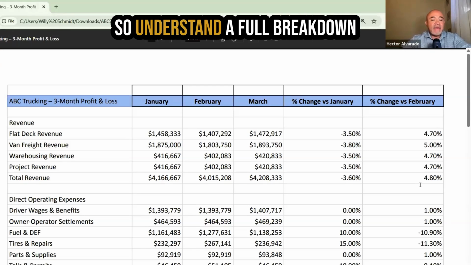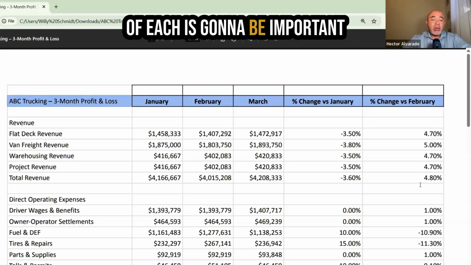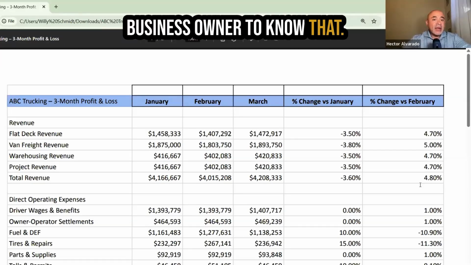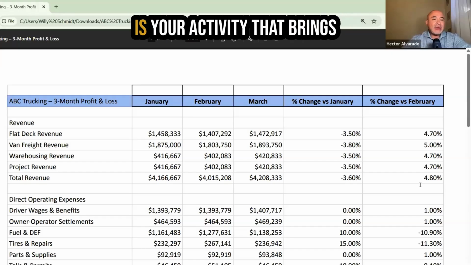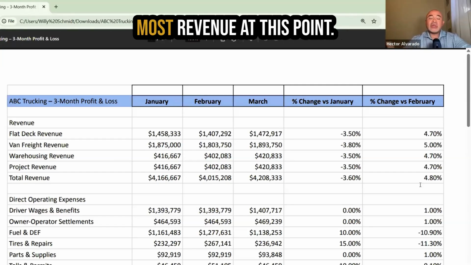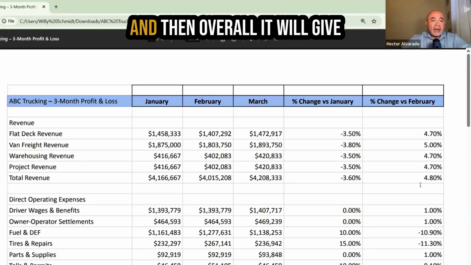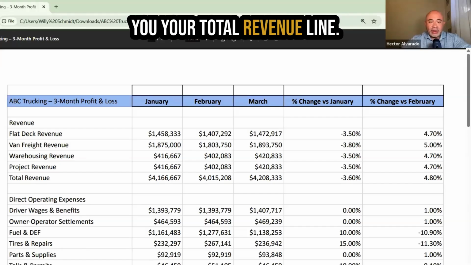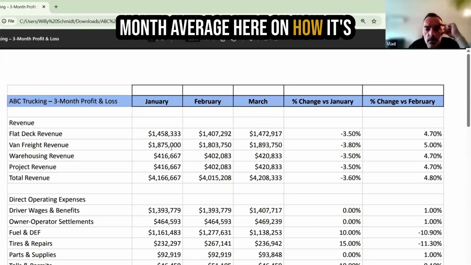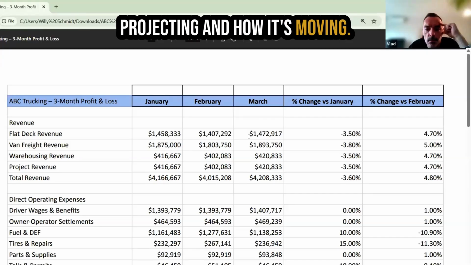So understand a full breakdown of each is going to be important for you as a leader and as a business owner, because you want to know what is your activity that brings you the most revenue, right? Not the most profitable, the most revenue at this point. And then overall, it will give you your total revenue line. So we could look at the 3-month average here on how it's projecting and how it's moving.